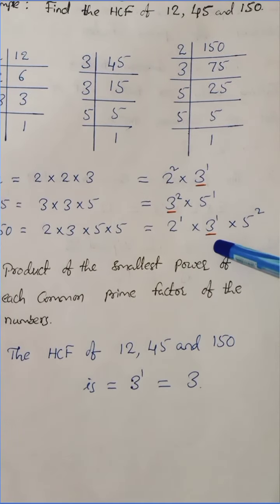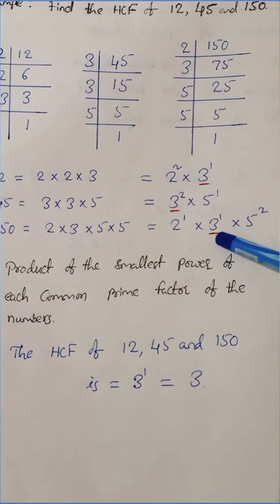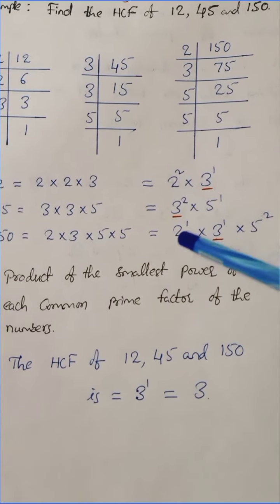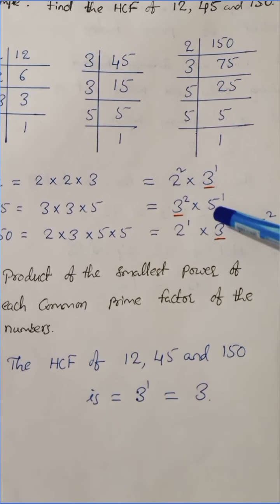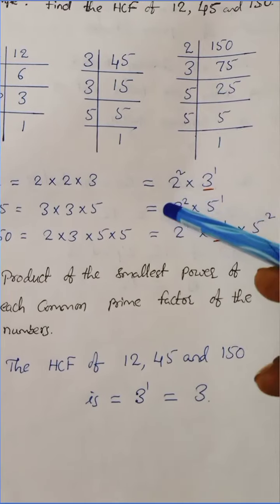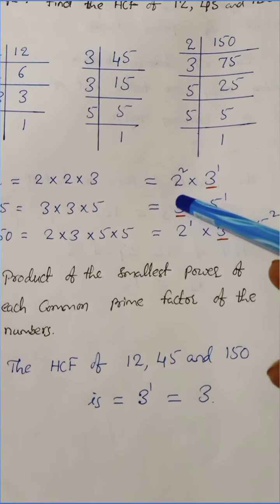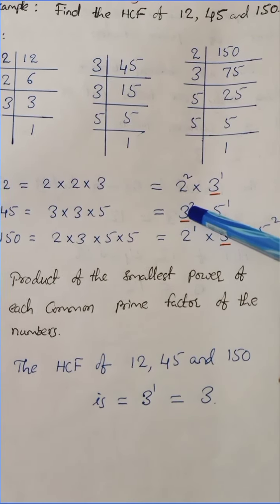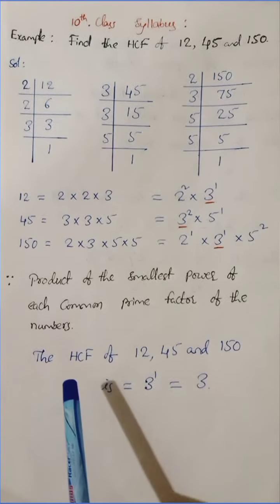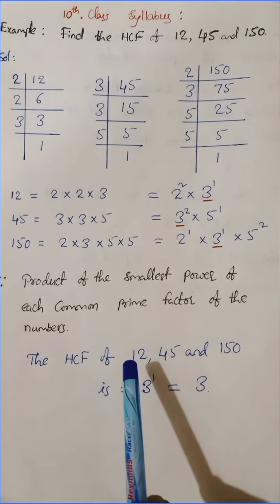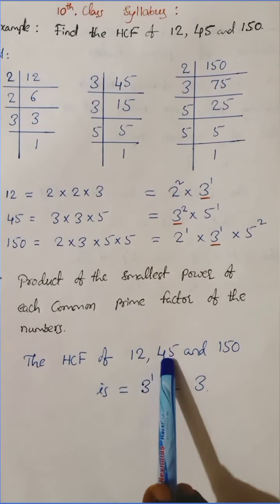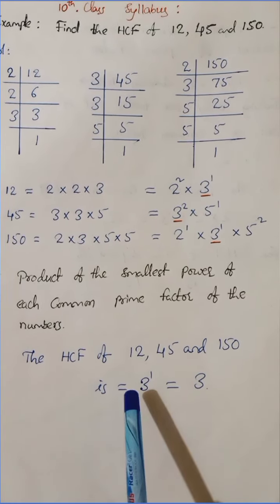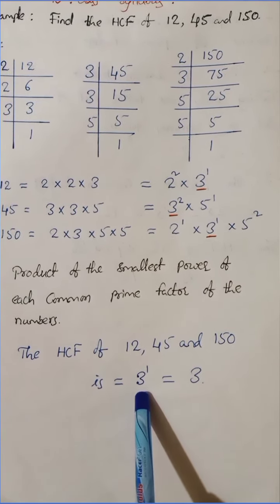Among these, the smallest power is 3 power of 1. So finally we say that the HCF of the given three numbers 12, 45 and 150 is 3 power of 1, that means 3.